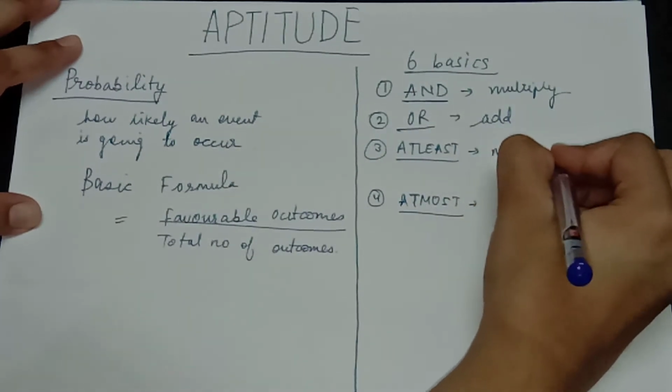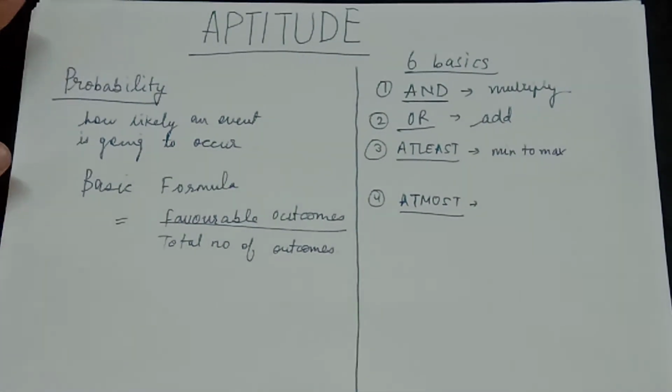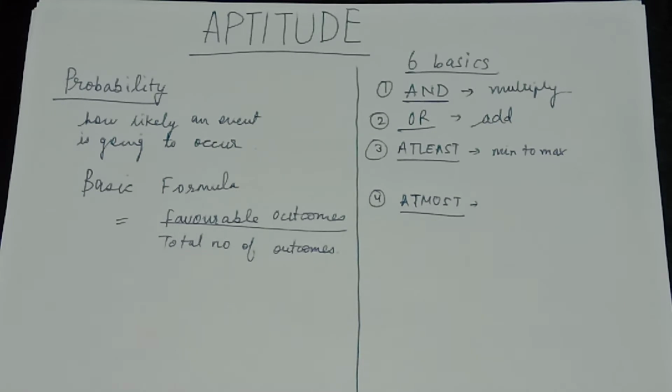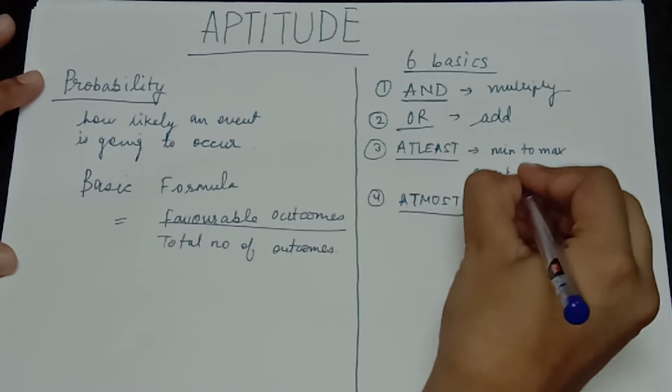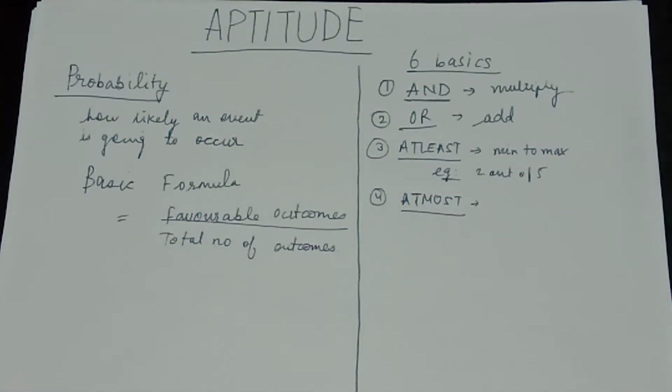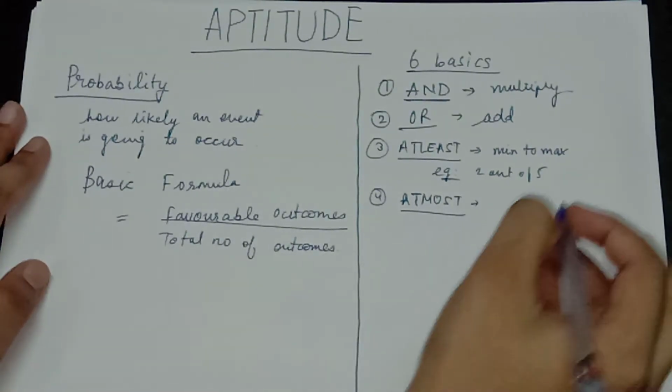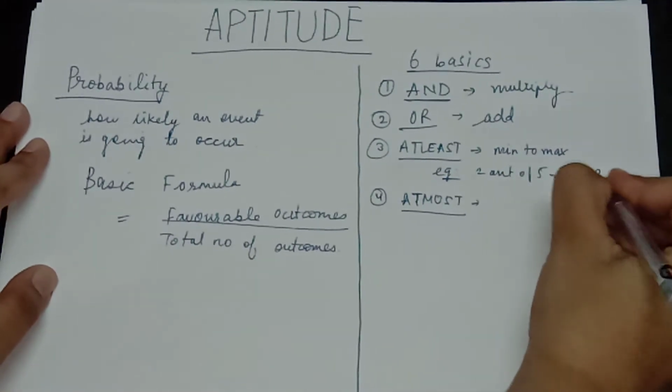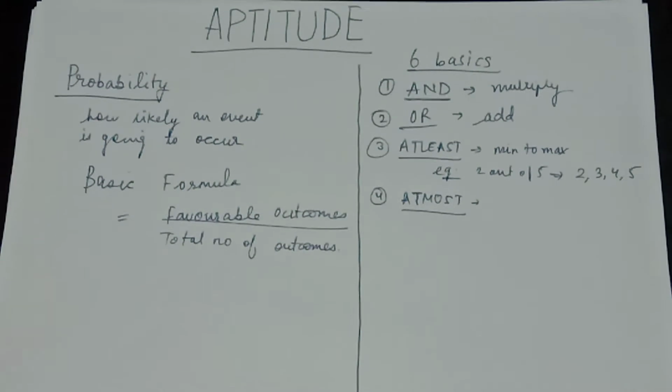If there is a question like at least 2 balls are picked out of a bag of 5 balls, it could be 2 balls, 3, 4 or 5. So it is kam se kam 2 balls. This is the meaning of this.